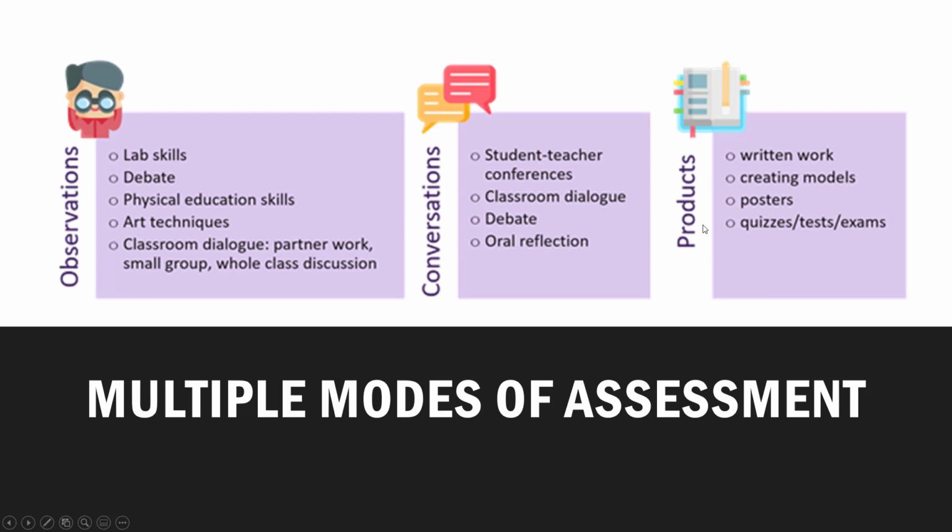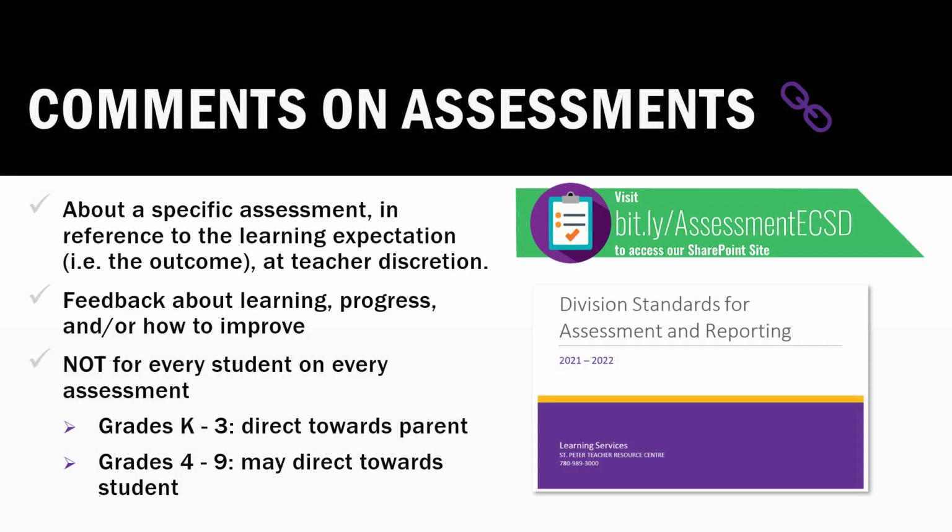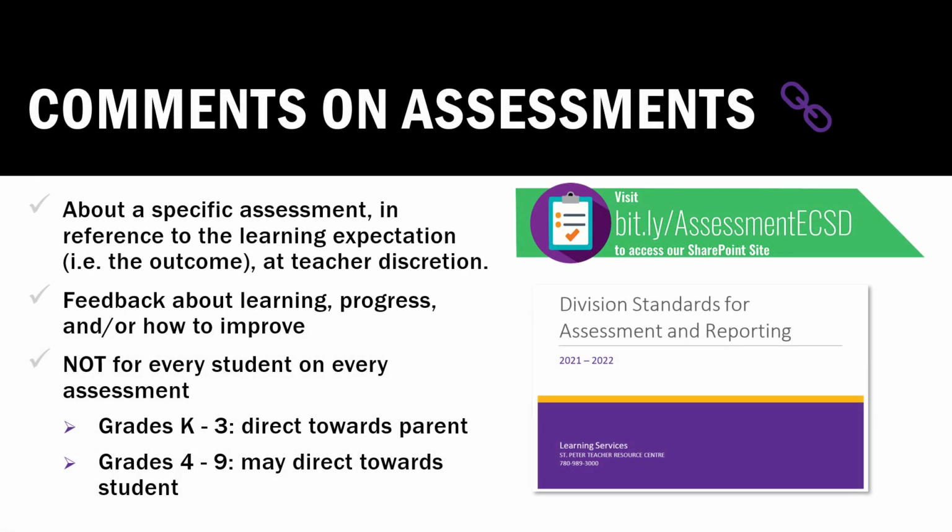And I know that our elementary teachers rely a little bit more on the observations and conversation side of this, especially for our grade 3 and under. How can we make it balanced so that we have multiple ways of determining what a student knows, understands, and can do?